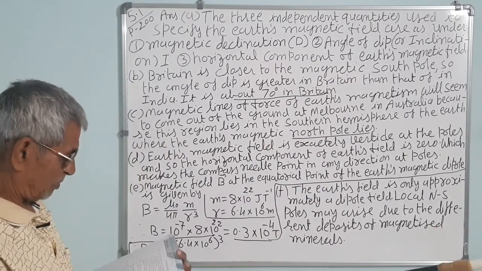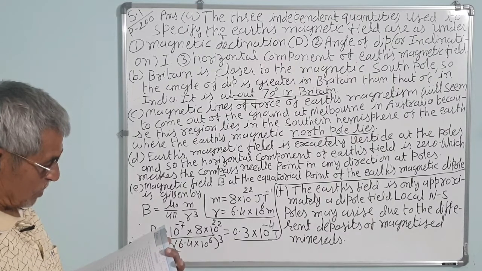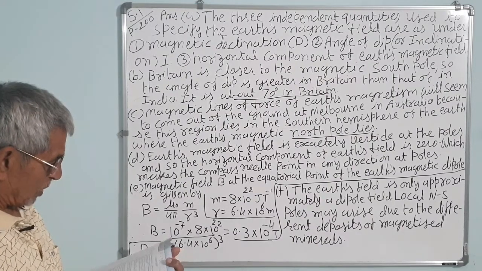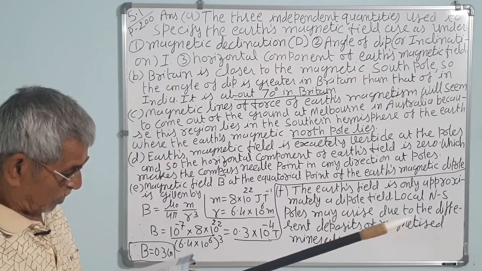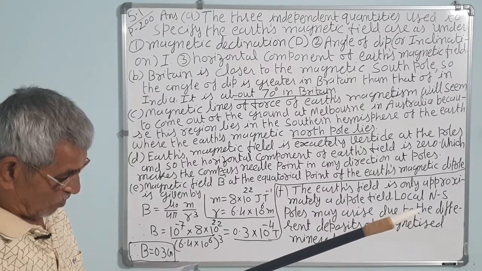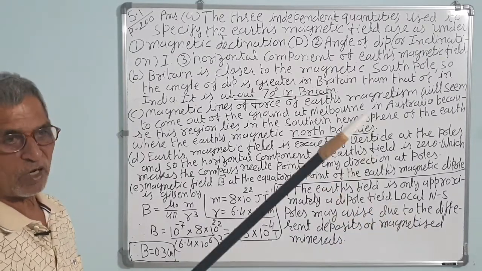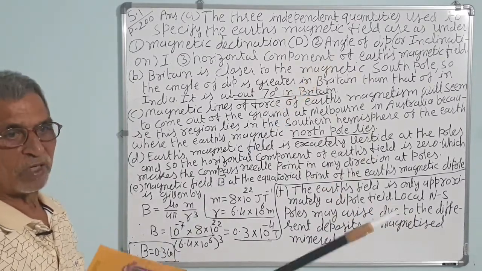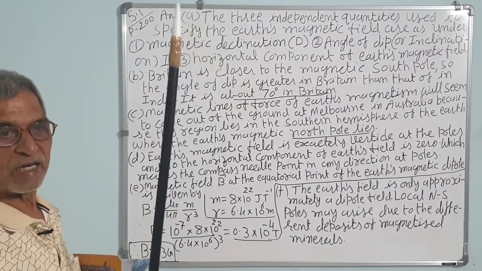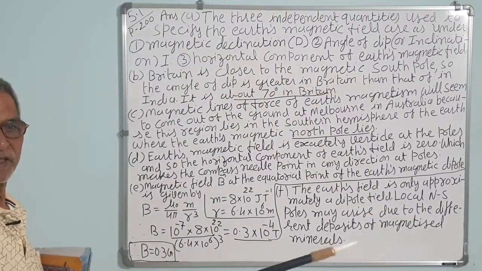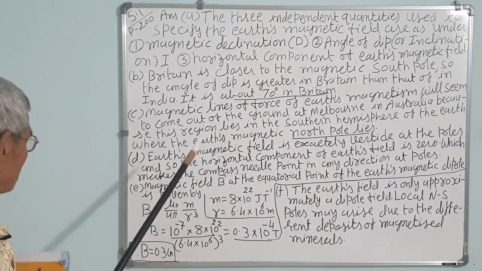Next question, D. In which direction would a compass free to move in the vertical plane point, if located right on the geographical north or south pole? At the north and south pole, we know the earth's magnetic field is vertical, at right angle. So, a horizontal needle can stay in any direction.